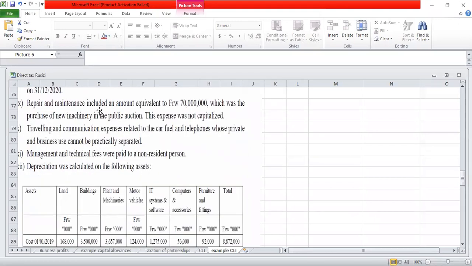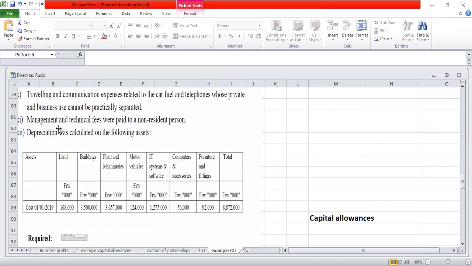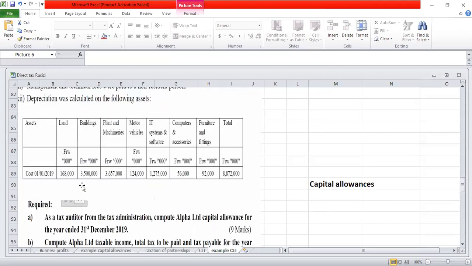Repair and maintenance included an equivalent of 70 million, which was the purchase of machinery in the public auction. The expense was not capitalized, so you need to recognize that one. Traveling and communication expense related to the car fuel and telephone, which is private, so you know how to deal with that. Management fees were paid to non-resident persons. These are the depreciations.